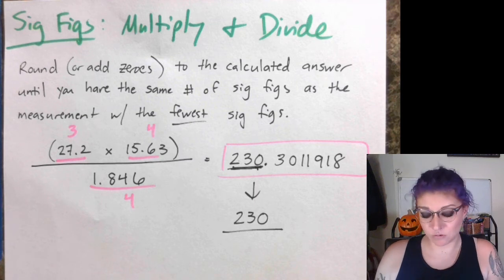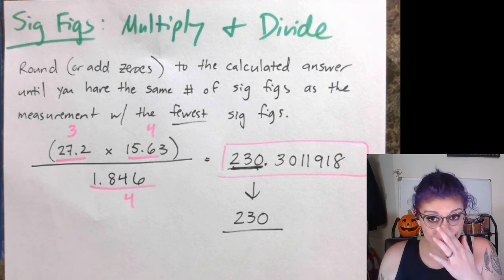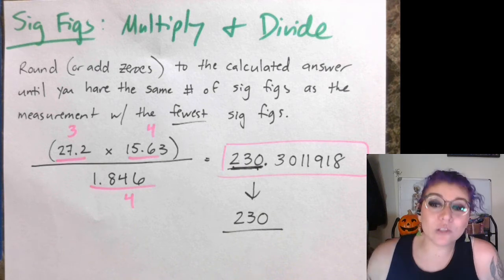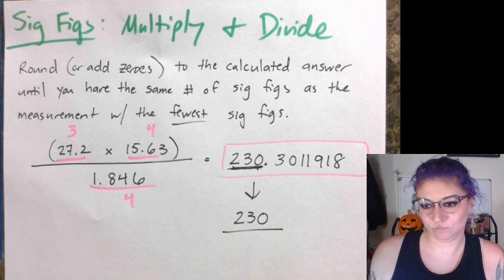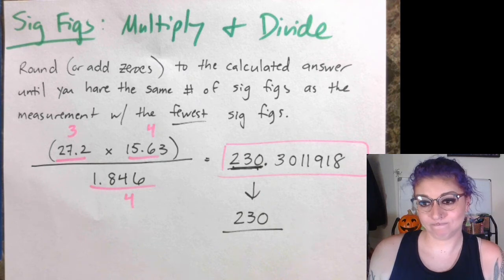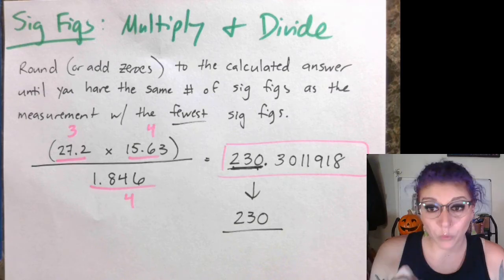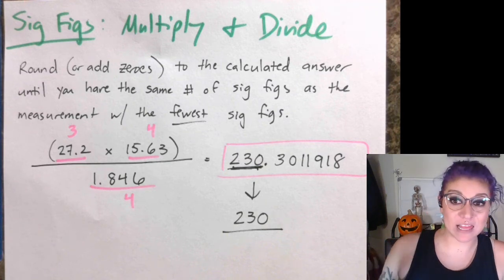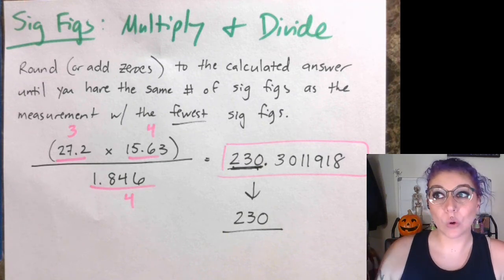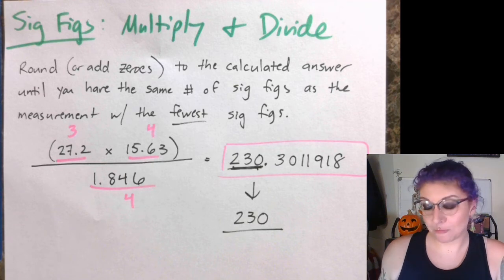Something I want to point out is that for this class, you only need to apply the Sig Fig rule at the very last step. So once you have your final answer.